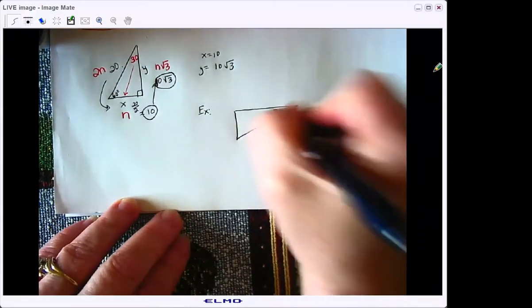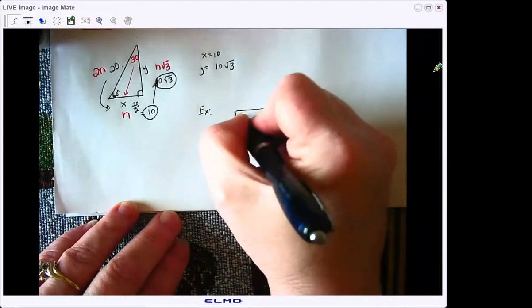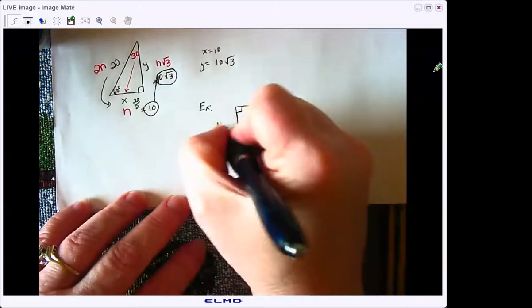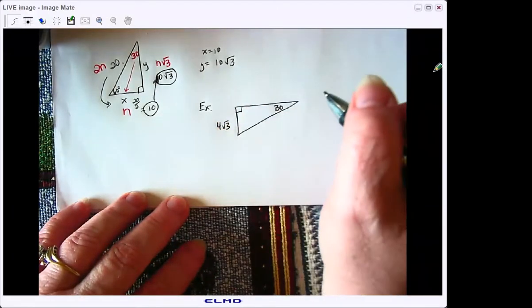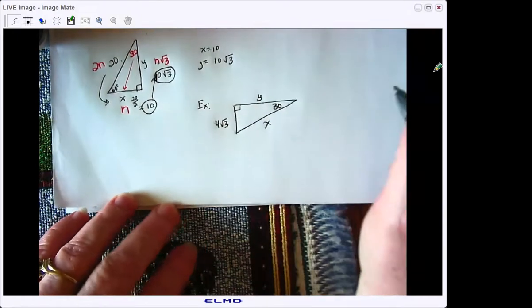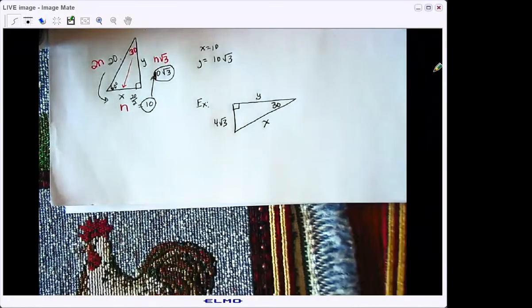There's a 30-degree angle. I'm going to tell you that this is 4 root 3. This is x, and that's y. I'll let you copy down real quick before we do the problem.